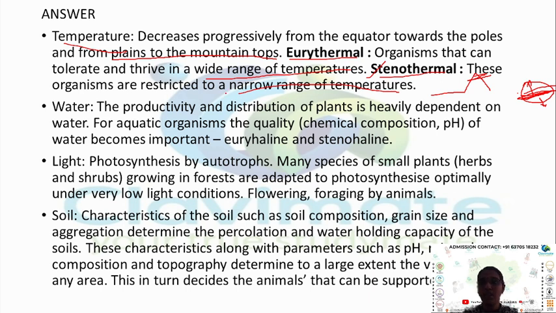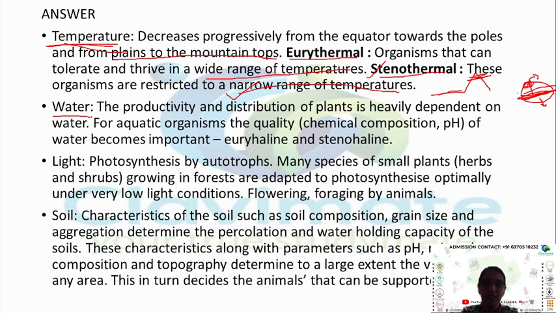They are able to tolerate only a particular temperature, and these organisms tend to be affected when the temperature changes. So how does this affect the habitat? In hilly stations or polar regions, you have animals with thick fur. These can tolerate low temperatures, so they can't be present in the equator region or the plains region. That's how the temperature affects the habitat.